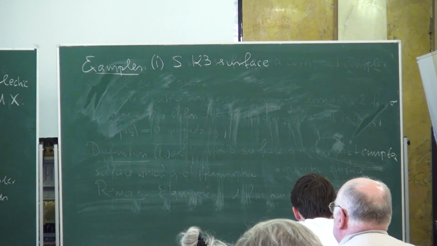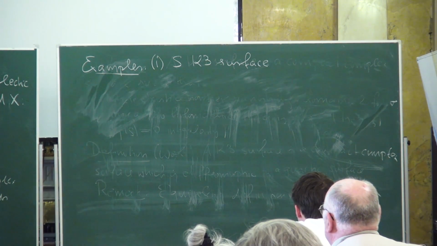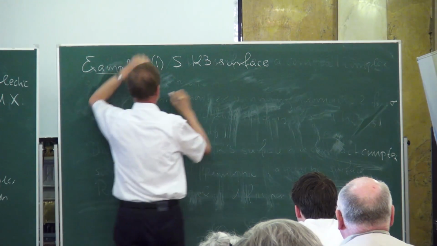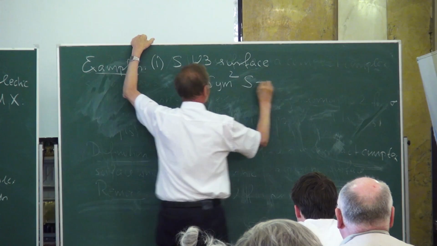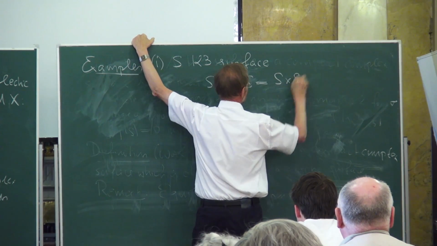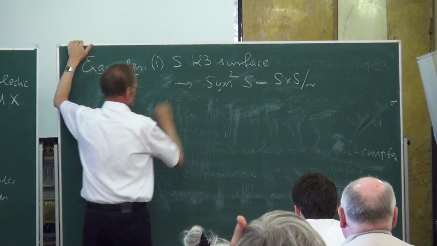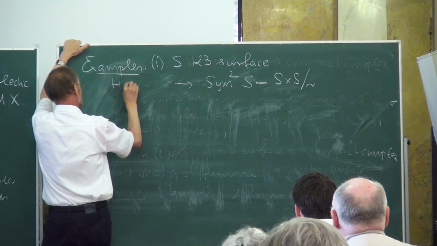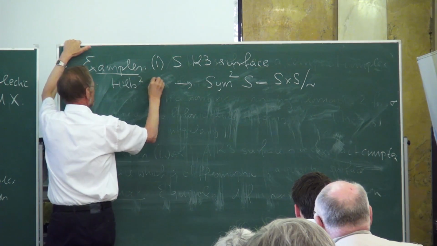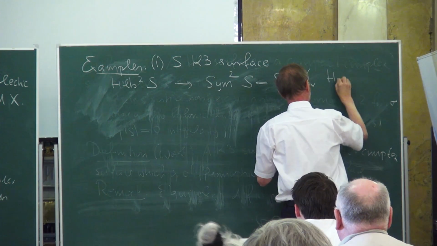And then let me take a look at unordered pairs of points on that. Unordered pairs of points are the second symmetric product, and that is something which is singular. I can desingularize it, and then I get the degree 2 Hilbert scheme.